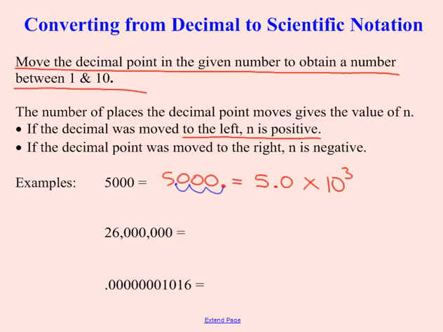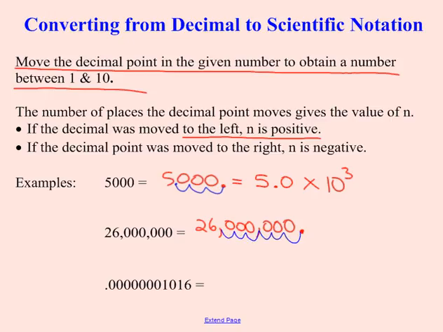Our next example, 26 million. We know that we have a decimal point at the end of this number right here. So we're going to move that decimal point until we get a number between 1 and 10. So we have 1, 2, 3, 4, 5, 6.